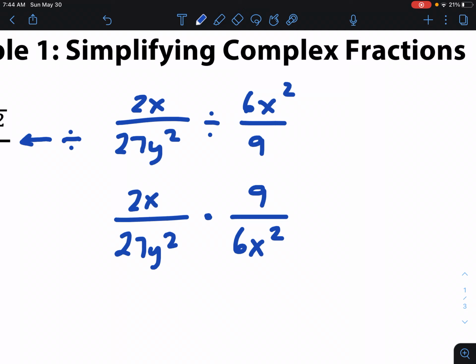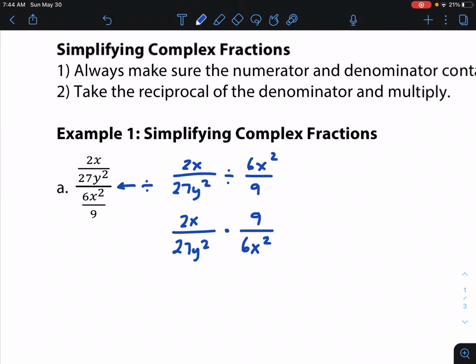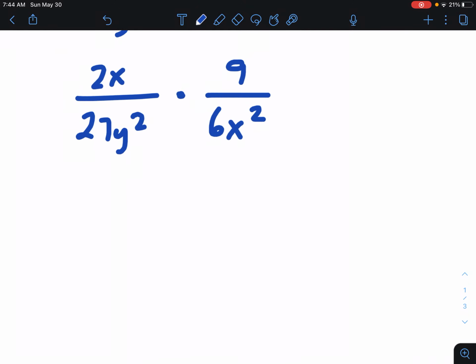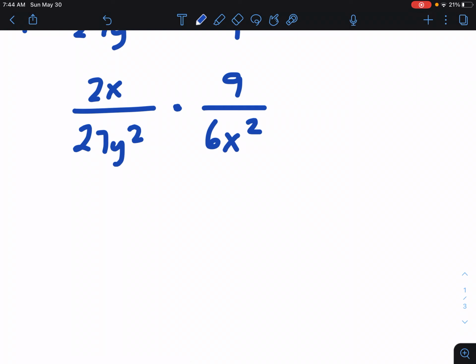And then this is where we would do all kinds of simplification, right? And with this one, we should probably do some simplification. So I'm going to rewrite this first fraction as 2x over 9 times 3y squared. And the second one I'm going to write as 1 times 9.